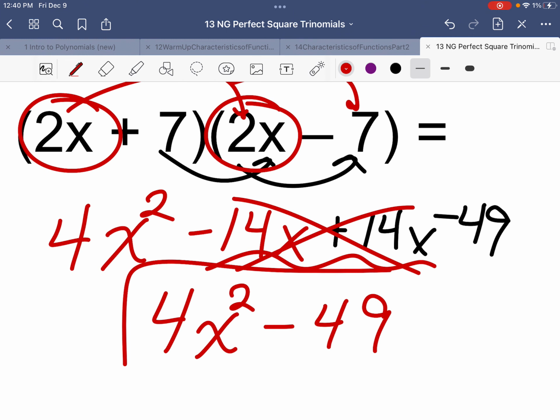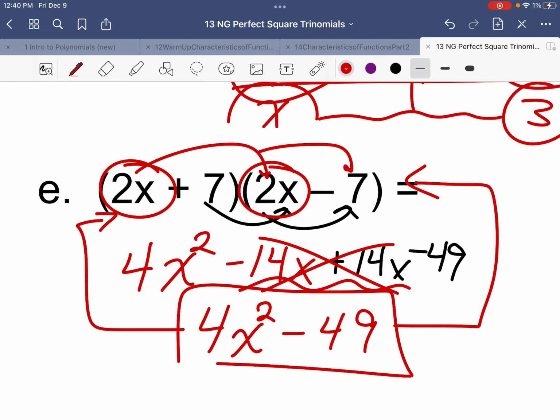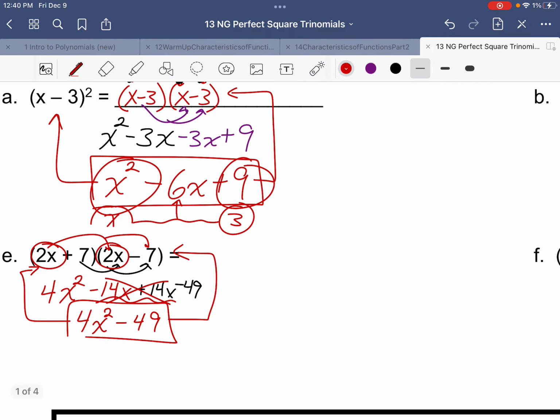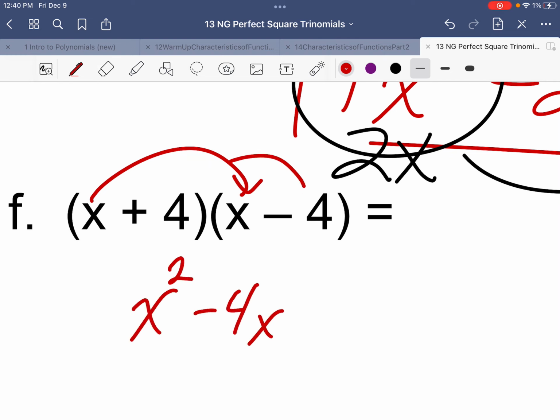Now 4x squared minus 49 is also perfect, and it can turn back into these factors. So is it going to work here? It should work. Okay, we're going to end up with an x squared. We're going to end up with a minus 4x. We're going to end up with a plus 4x and a minus 16.